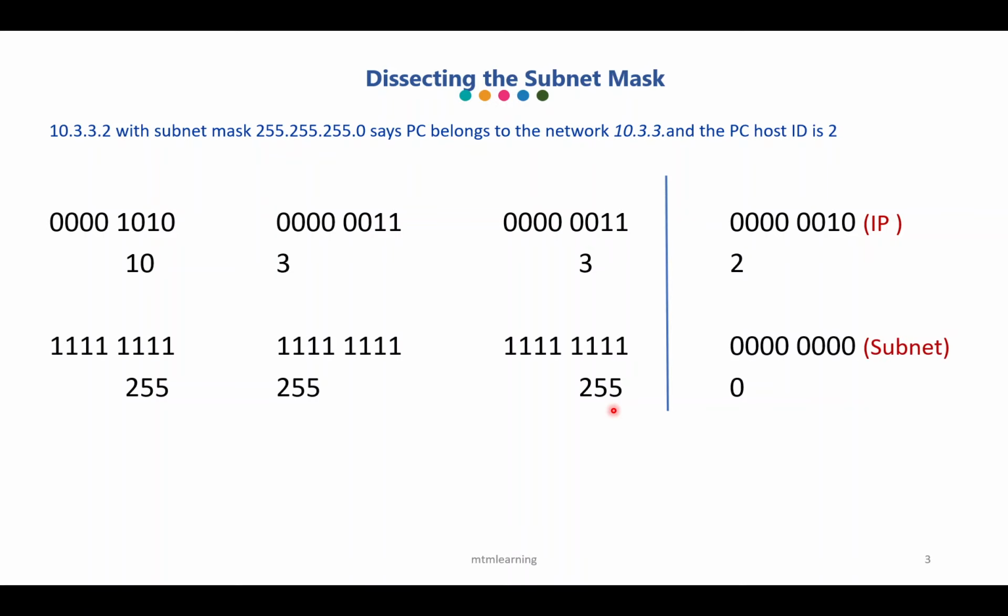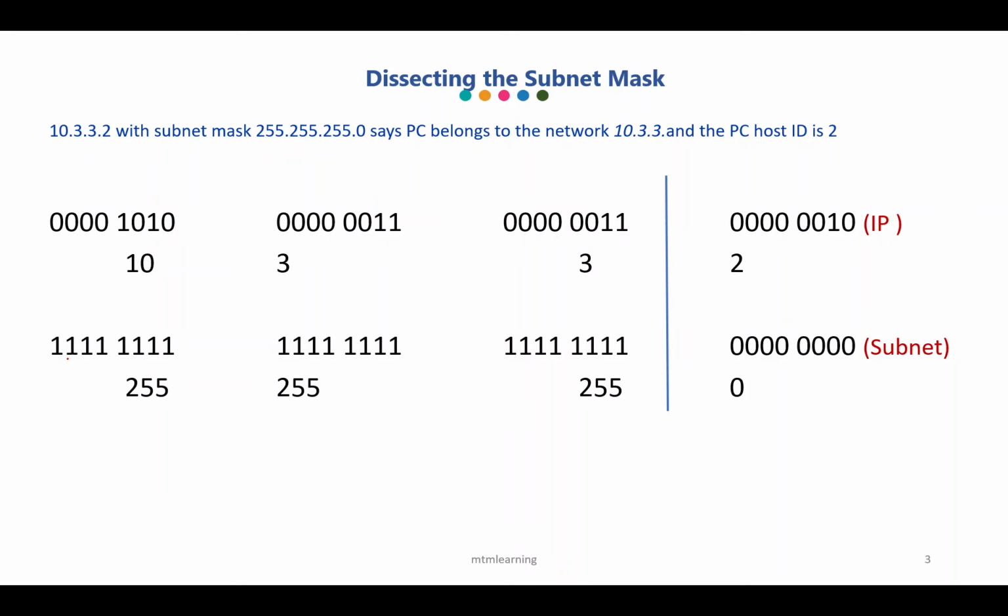So let's take a binary equivalent of the IP address and a binary equivalent of the subnet mask. In here, you can see that all the ones in the subnet mask, which correlate to the IP address, belong to the network portion. So let me change this.